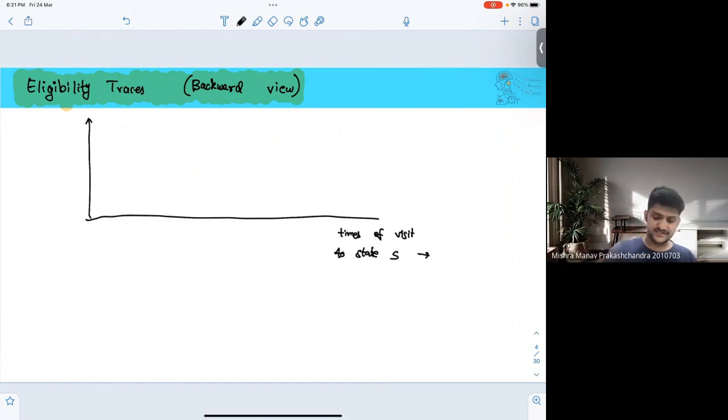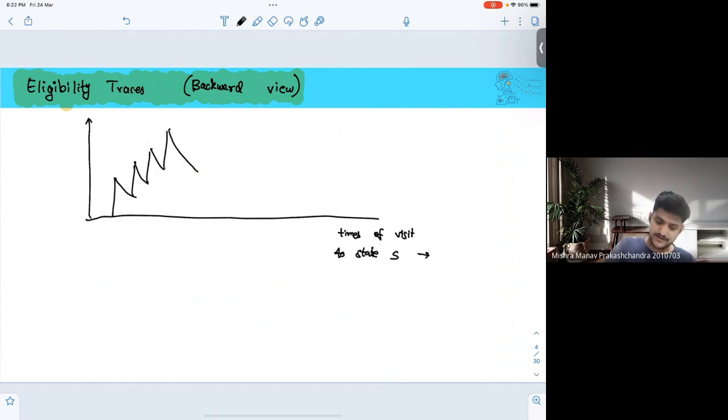So diagrammatically, this should look like this. For the first occurrence, I get a value of 1, then it starts decreasing slowly. Immediately I see it again, I increase, again I increase, and so on.